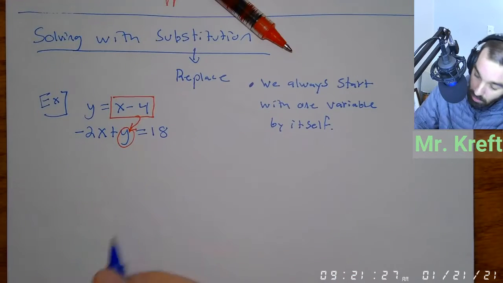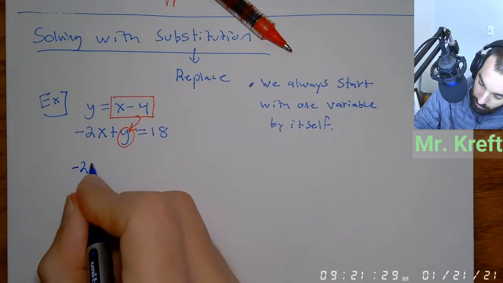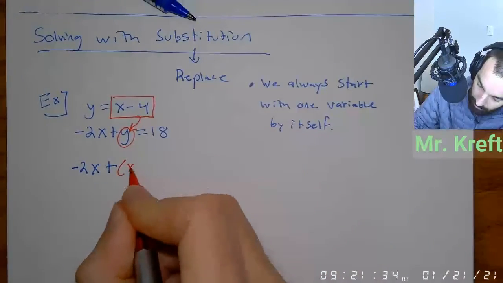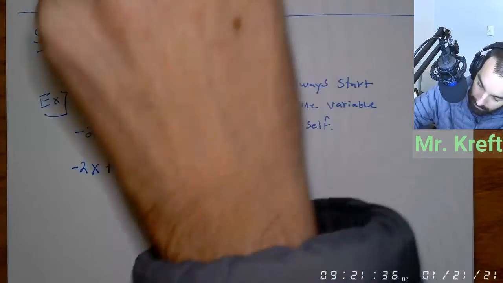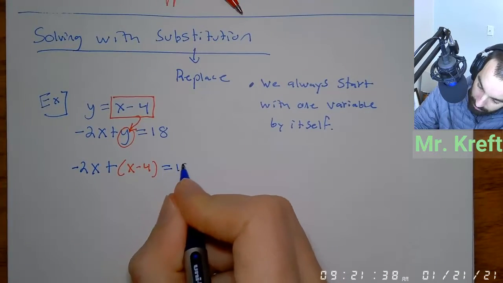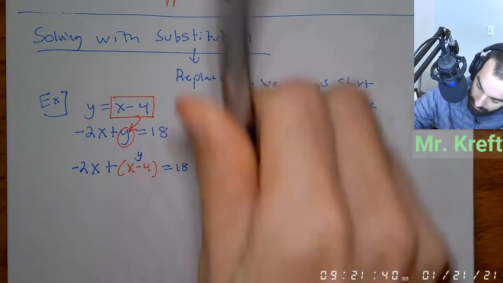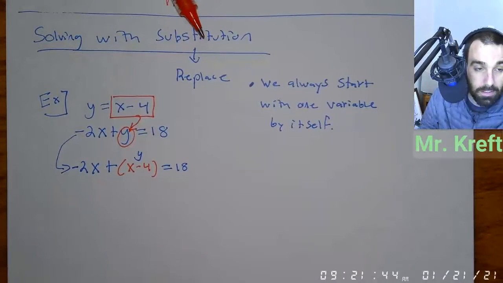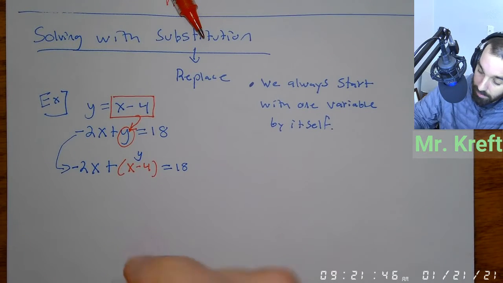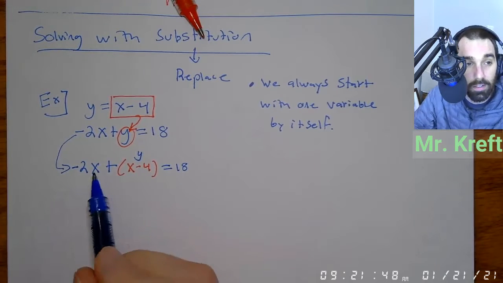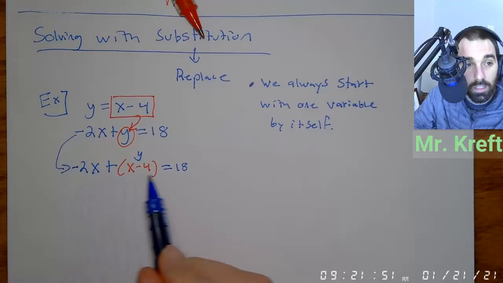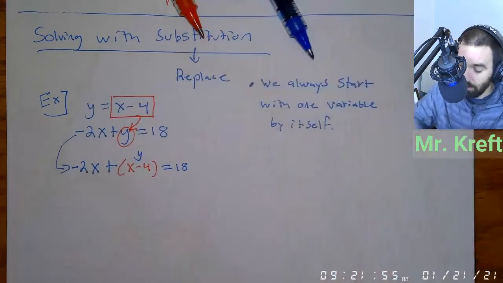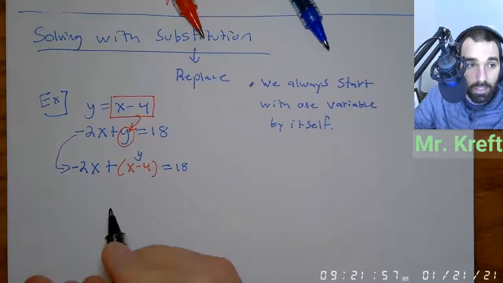So I would take this bottom equation, and I would have negative 2x plus x minus 4 equals 18. And this used to be my y. So I took this, and I got a new one right there. What this does, and we've been working on this, is give us one equation, one variable. So we can solve this now.